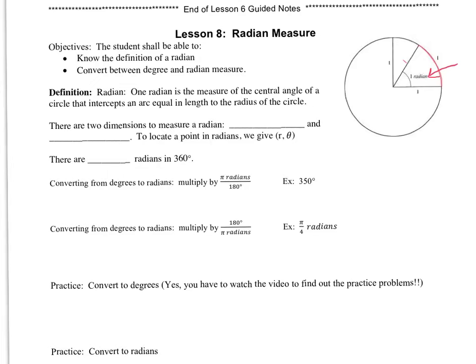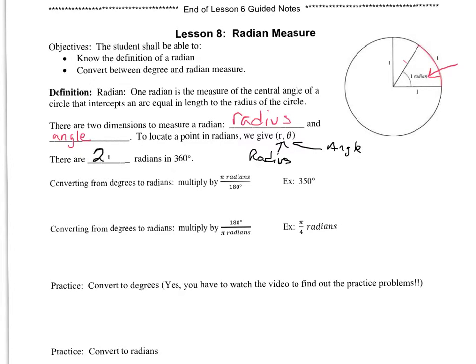So with radians, what we do is we measure given a radius and then an associated angle, and that angle is in radians. So when we locate a point in radians, we give it as r for radius, comma theta for angle. So r is radius and theta is our angle.